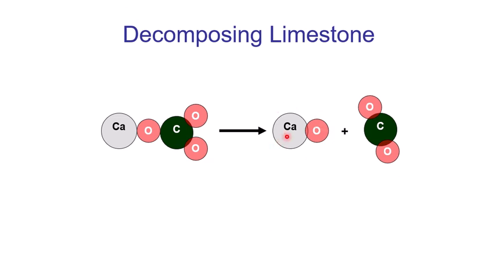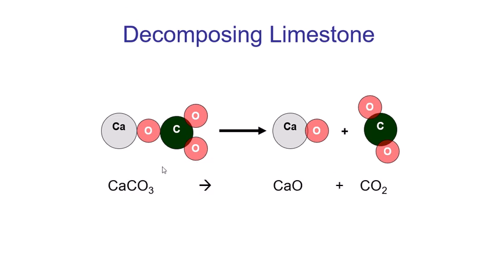Now if you look at what it is, it's calcium joined to oxygen, so that'd be calcium oxide, and then this. Do you recognize this? CO2, carbon dioxide. So calcium carbonate turns into calcium oxide and carbon dioxide. Now, in terms of symbols, let's put all of these together.